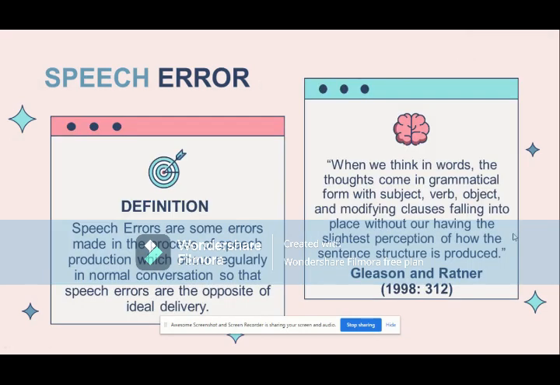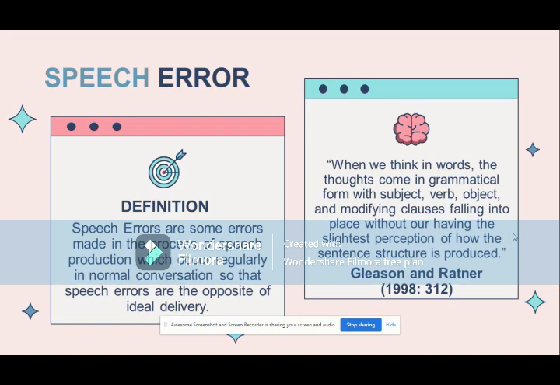The definition of speech errors: errors made in the process of speech production which occur regularly in normal conversation, so speech errors are the opposite of ideal delivery. Gleason and Ratner state that when we think in words, the thoughts come in grammatical form with subject, verb, object, and modifying clauses, falling into place without our having the slightest perception of how the sentence structure is produced.